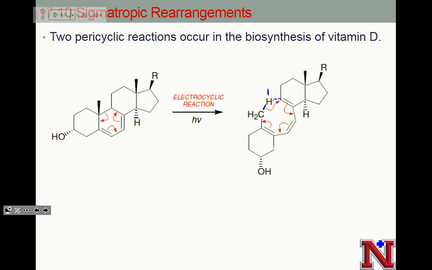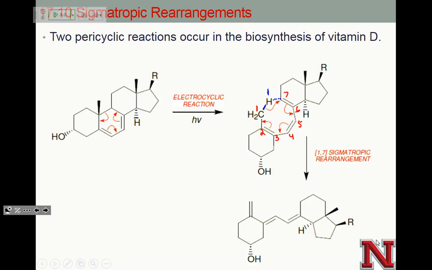So 1, 2, 3, 4, 5, 6, 7. So that's a 1,7 sigmatropic rearrangement. Again, notice that the arrows are not coming from the hydrogen, they're coming from the bond. Finally forming vitamin D. So these are done in nature often. That's it for this chapter.